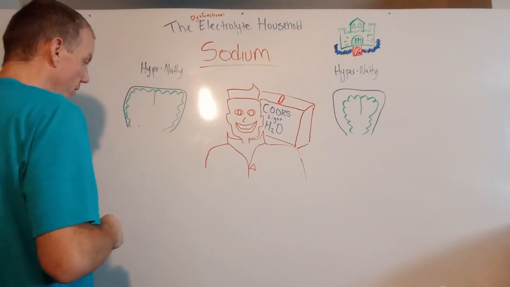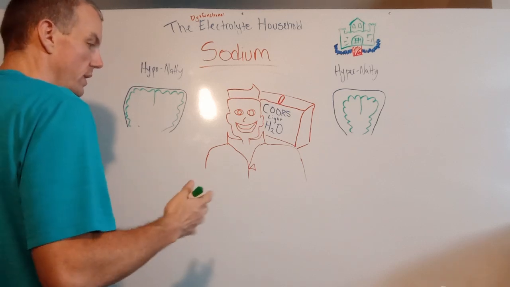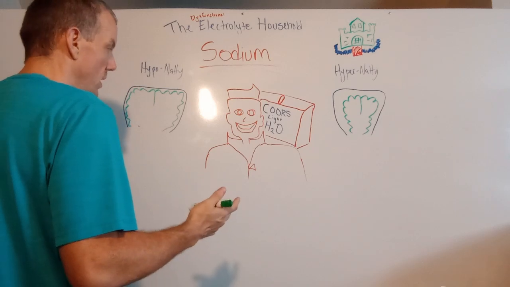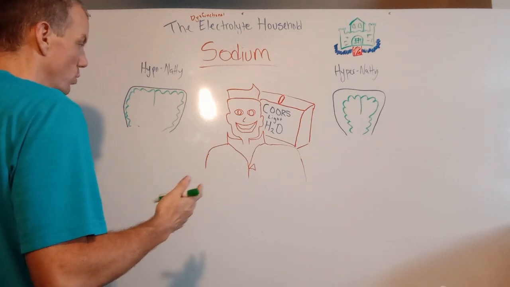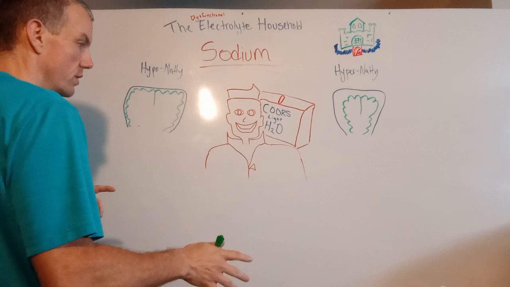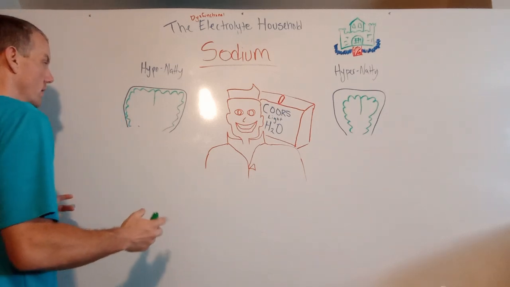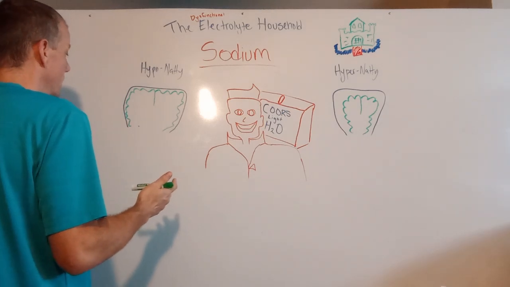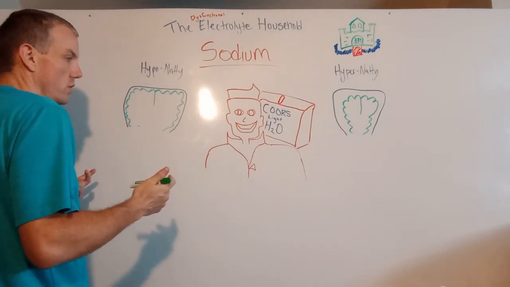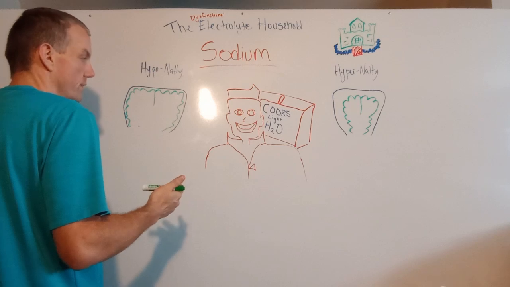When you start pulling a bunch of fluid inside the cell, the cell gets bigger because there's more fluid inside. It goes down the concentration gradient. You get it. The cells get bigger. Well, the skull is a very limited space. The cells can get bigger, but the skull's not going to get any bigger.